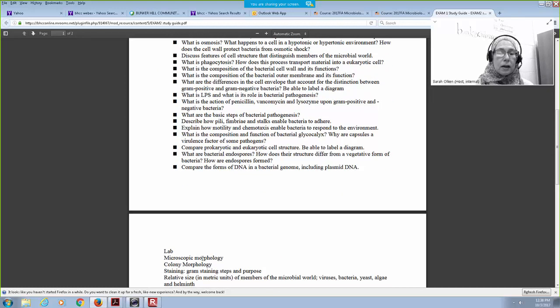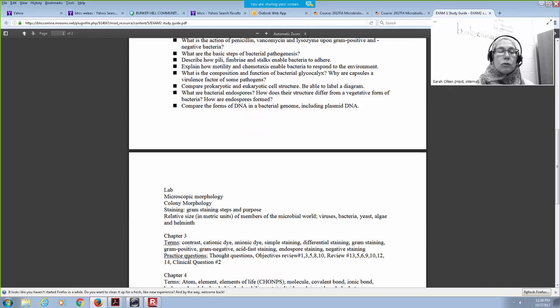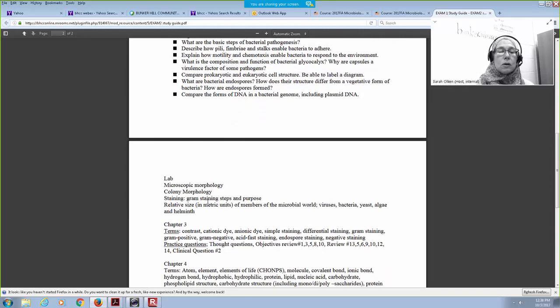And then don't forget also, from lab, to review the relative size of microbes. There's a nice figure in Chapter 3 about that, and the difference between the morphology, so how we describe what we see for the microscopic morphology. Remember, we looked under the microscope at just a single cell, versus the colony morphology.